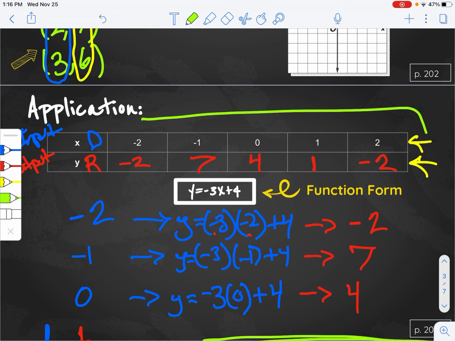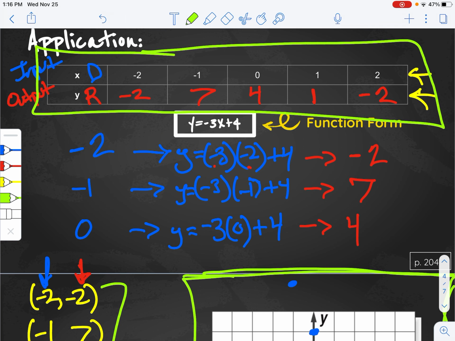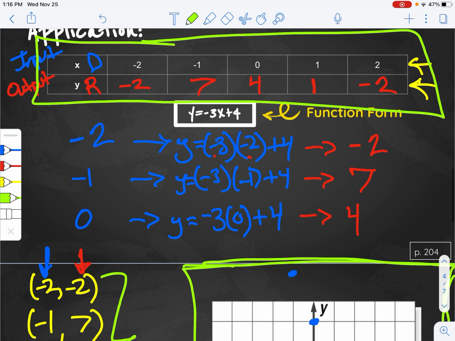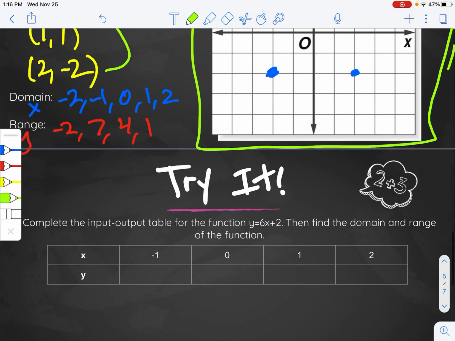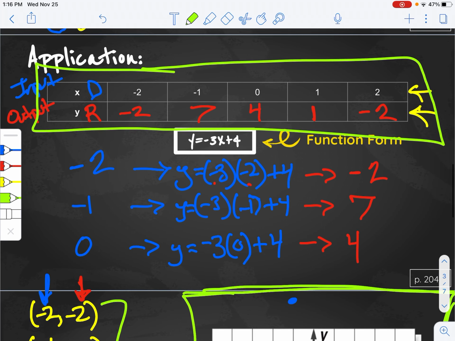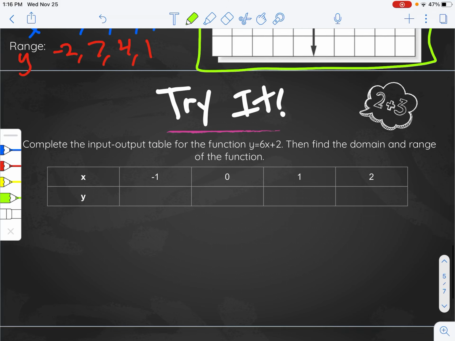Sometimes they might just give you the table, and they'll say, what is the domain and range? And you'll list those x and y values. And then other times, like in this one, they'll give you all the x's, and you'll have to find the y's using the function.